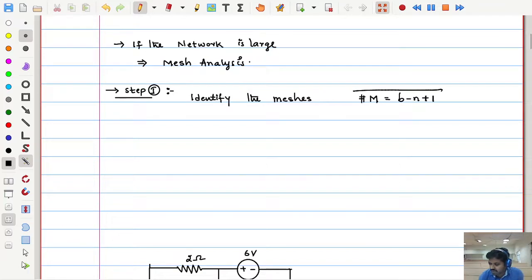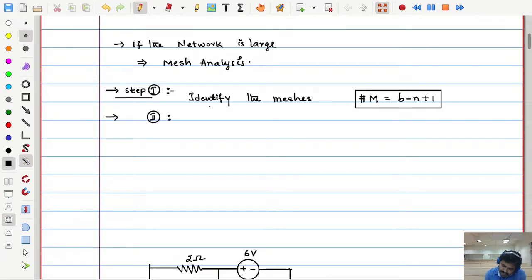These meshes can also be called independent loops. Previously we stated independent loops equal branches minus nodes plus 1, where B is the number of branches and N is the number of nodes. So we identify how many meshes are there in a given circuit. Then we identify each mesh.